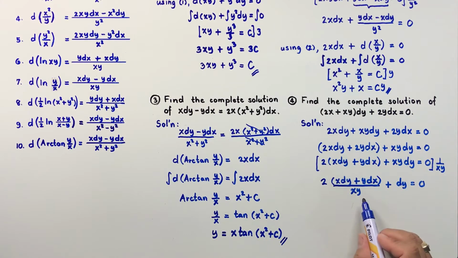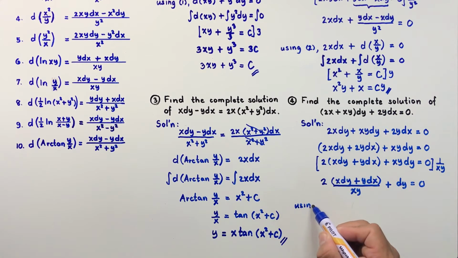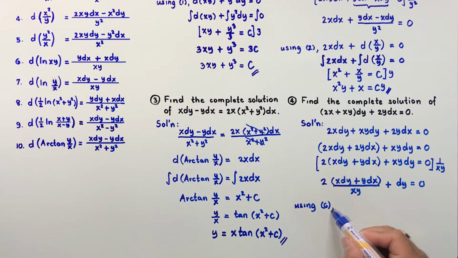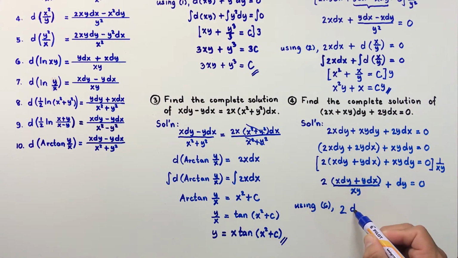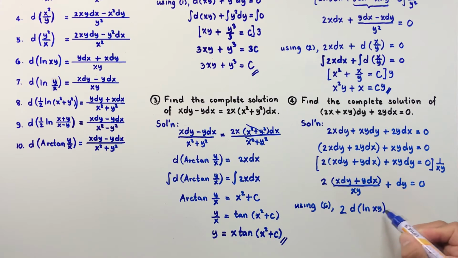And you see that this is the integrable combination number 6. So using our integrable combination number 6, instead of writing this one, we will write its equivalent differential, which is the differential of the natural log of the product of x and y. And this is added to dy, and the whole sum is equal to 0.